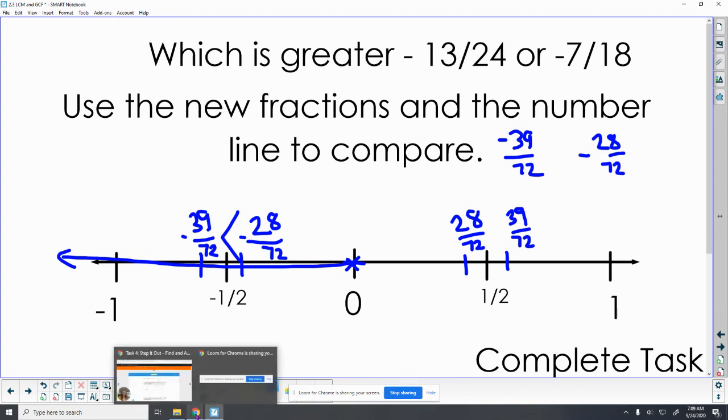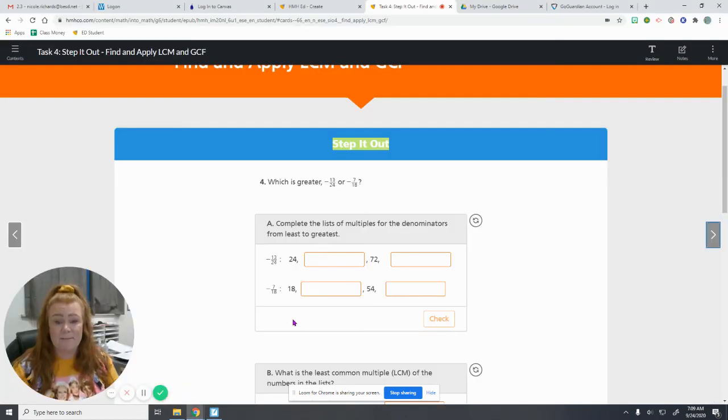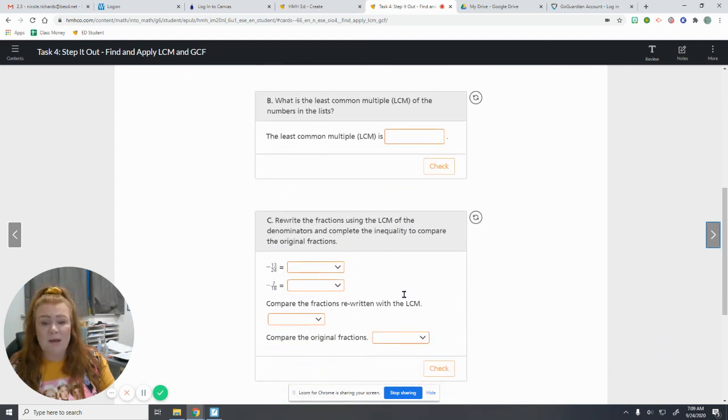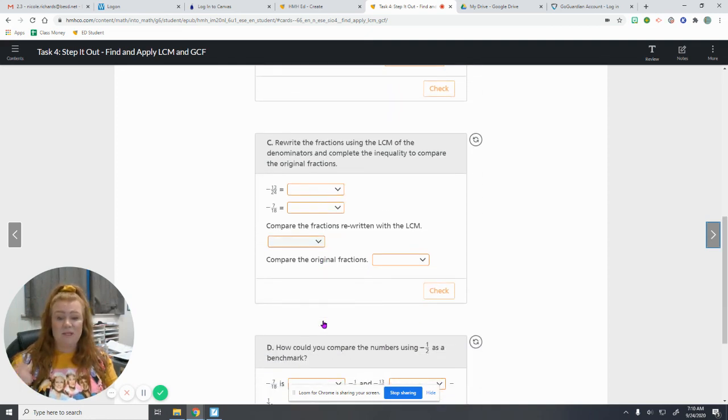So let's go ahead and finish that task 4 here. So we've done all the work. So go ahead and list out your multiples of those numbers. You've already done that work with me. Tell me their least common multiple. Then you're going to tell me your new fractions that we made, and compare them using our new fractions and compare them using the old fractions.